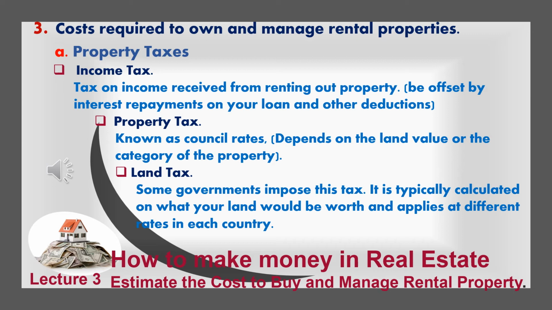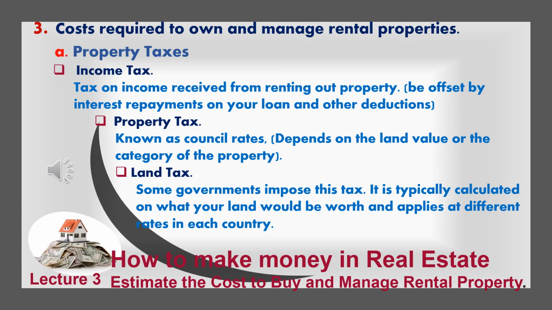The taxes you will have to settle when you have an investment property are: income tax, which is the tax on income that you receive from renting out your property. Income tax can be offset by interest repayments on your loan as well as other deductions. Property tax, in some countries, is known as council rates.